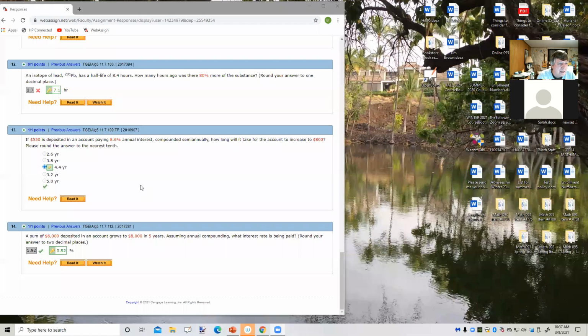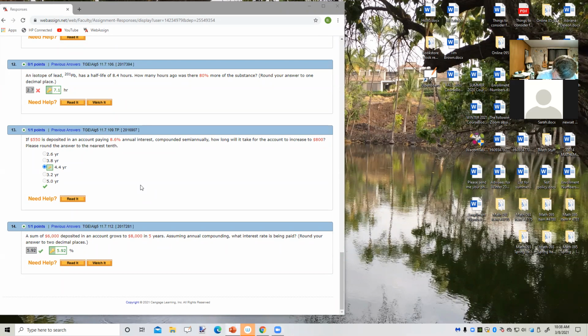An isotope of lead, 201 PB, has a half-life of 8.4 hours. How many hours ago was there 80% more of the substance? Okay. So we're using the half-life formula.